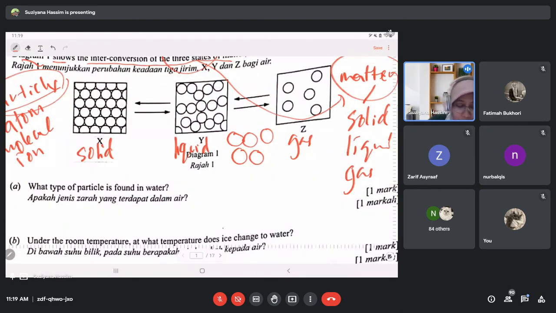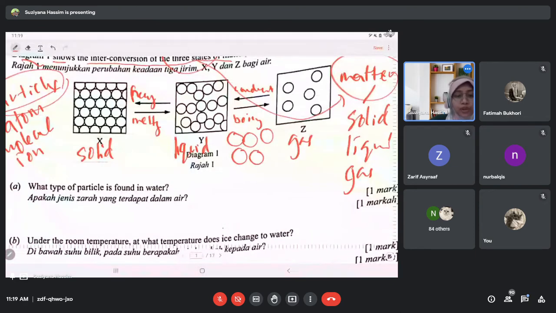And we know that X to Y is melting. Here, melting. This one, freezing. This one, boiling. This one, condensation, and so on.